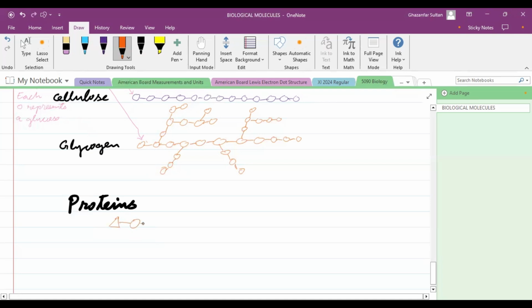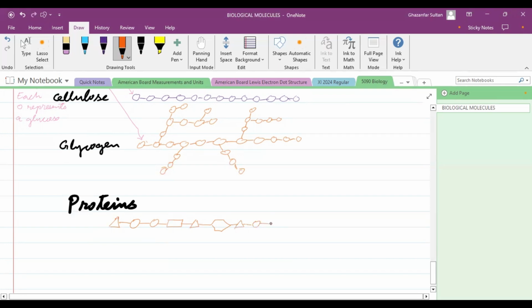One is a circle. Two same amino acids can be together, and this triangle is repeating here. I can represent some of them by a hexagonal shape. Can this be branched? No, there's no branching in protein.